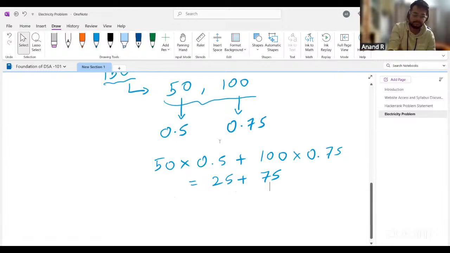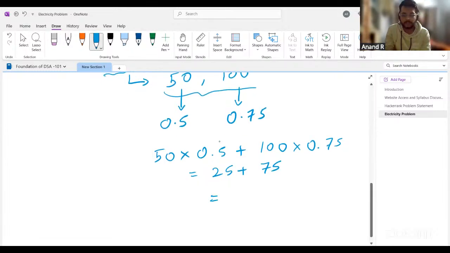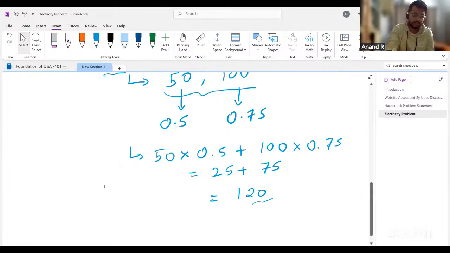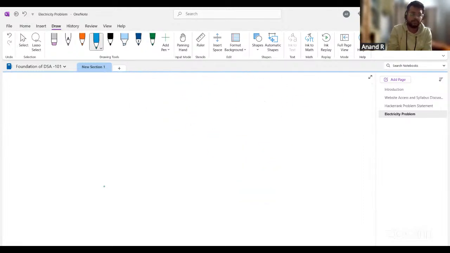So total equivalent is 100. Do you understand how to calculate the electricity bill? Is this particular formula clear to you? If it's clear, we can move forward. It's clear, right? Okay.